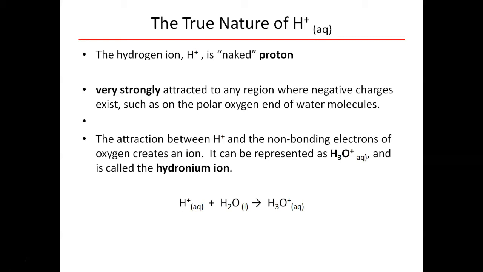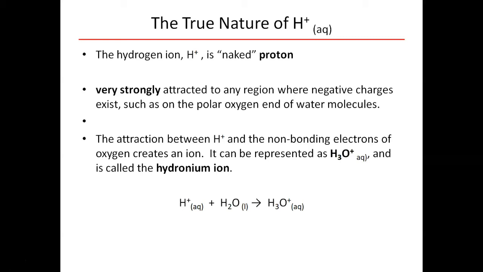And when we're in water, the thing with the most negative charge is the slightly negative end of the polar water molecule. And so any protons or hydrogen ions released into water will quickly grab onto a water molecule and form what's called a hydronium ion.